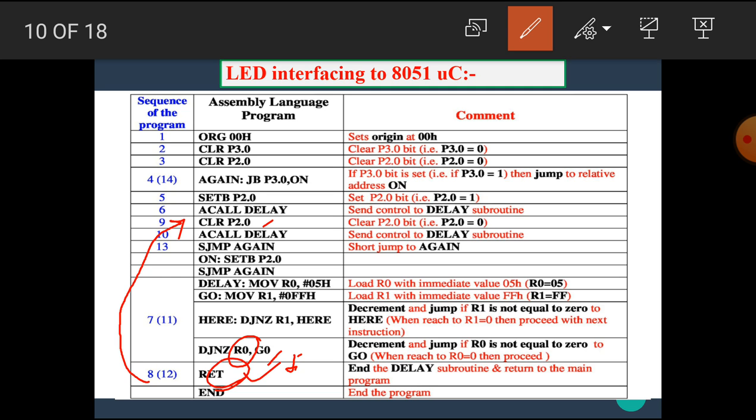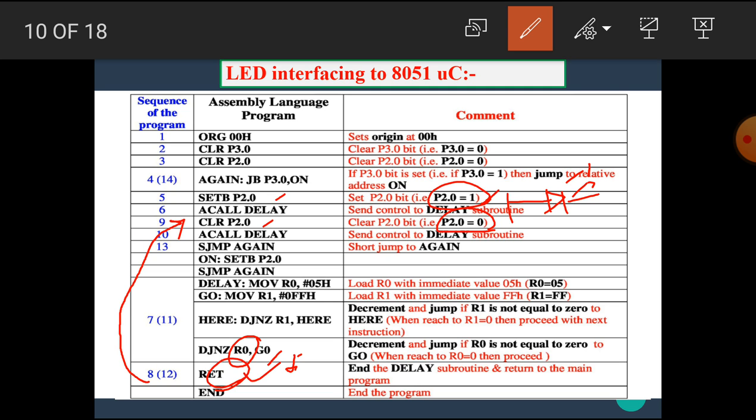CLR P2.0. At this instruction, the P2.0 is now 1, and after the call to the delay subroutine, the P2.0 pin is now cleared. That means the P2.0 pin is now 0. When the P2.0 pin is 1, plus 5 volt is provided to the LED and the LED is on.